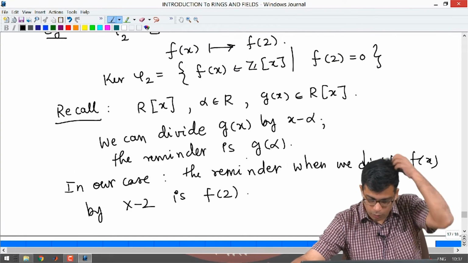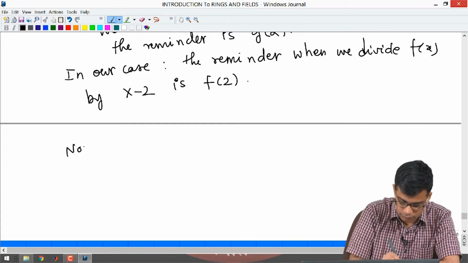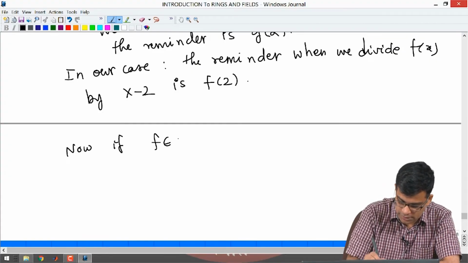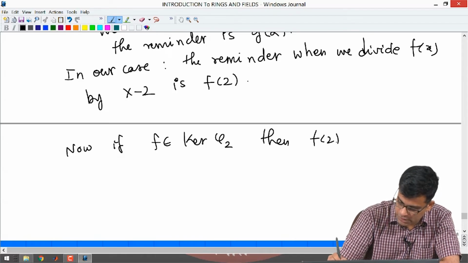And now, if f is in the kernel of phi 2, then f of 2 is 0, right.